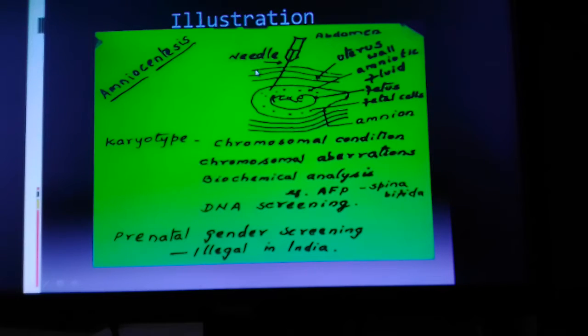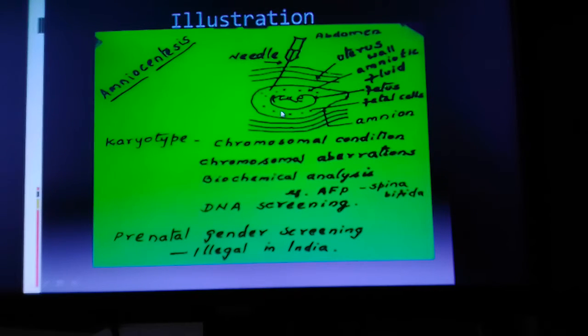Here you see the skin of the abdomen, and within the body wall there is the uterus, and inside the uterus there is the amniotic sac, and the amniotic cavity filled with the fluid called amniotic fluid, which may have some of the cells detached from the developing embryonic stage of the fetus when it was growing.